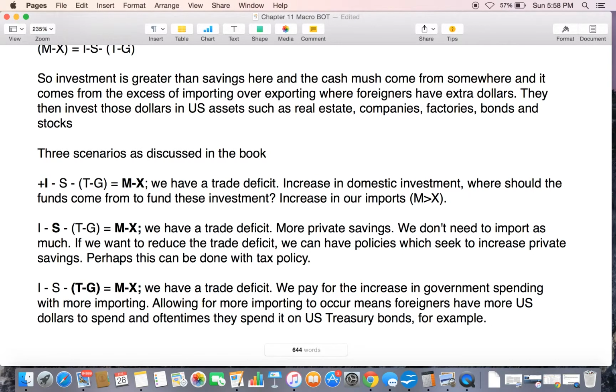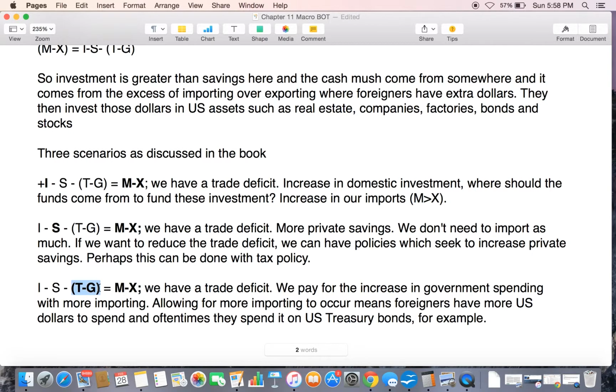A good example of this is when we have a trade deficit and we see that the government is spending significantly, so we face a government budget deficit. We're sort of in the midst of this right now. With increases in importing, we're importing more, and it's being financed essentially through the government deficit.